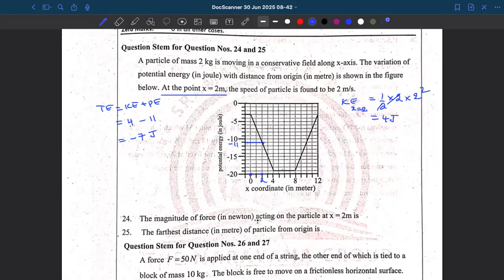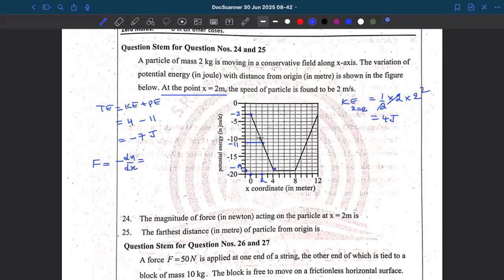The magnitude of force acting on the particle requires the slope of this line. F is minus dU by dx. So the slope of this line, -3 to -18. It is going downward, right, you are right. This point is minus 19.